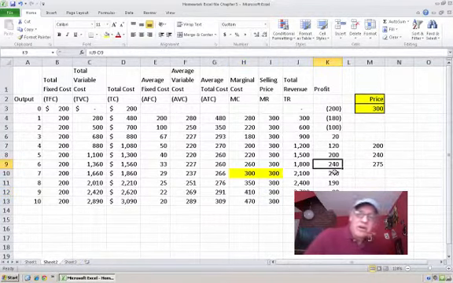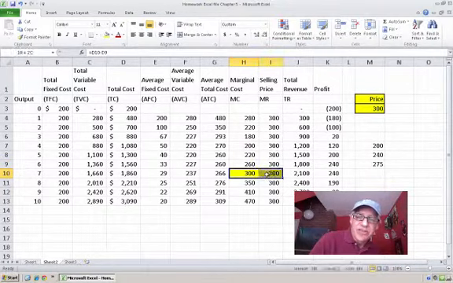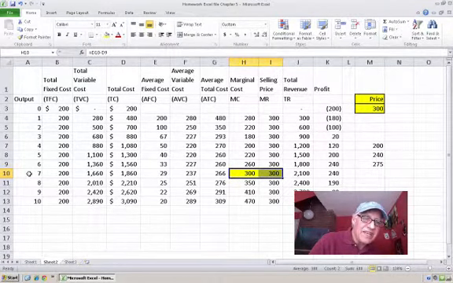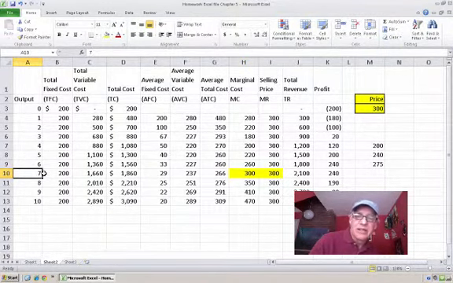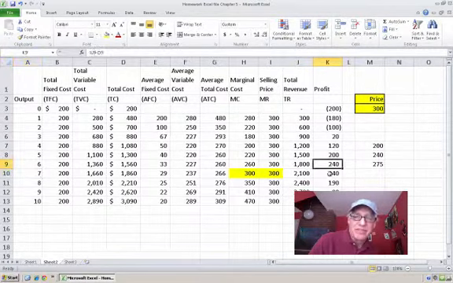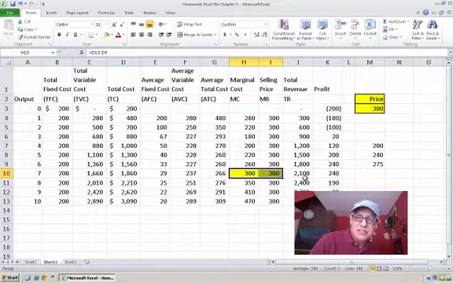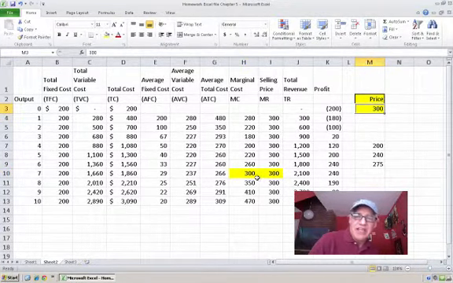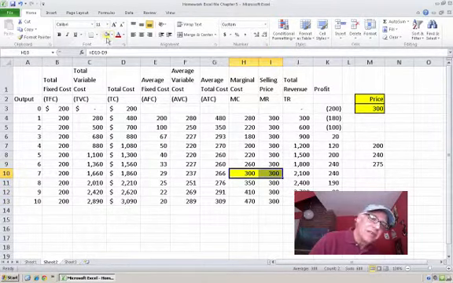So where marginal cost equals marginal revenue, MR equals MC, this is your profit maximization. We should be producing at this 7 output, even though it's the same profit as you'll see with 6, but MR equals MC is the key.